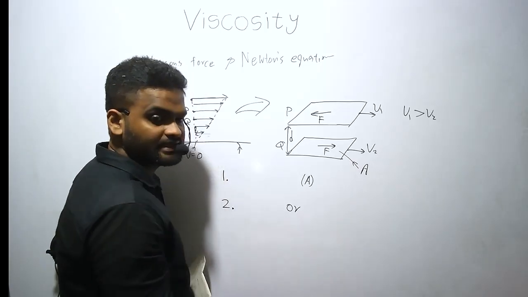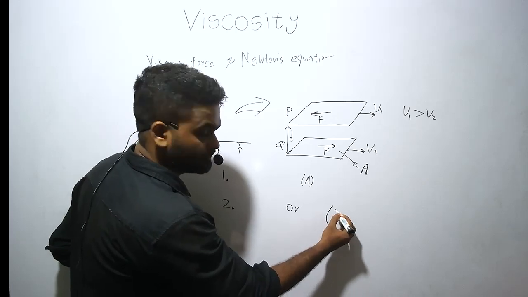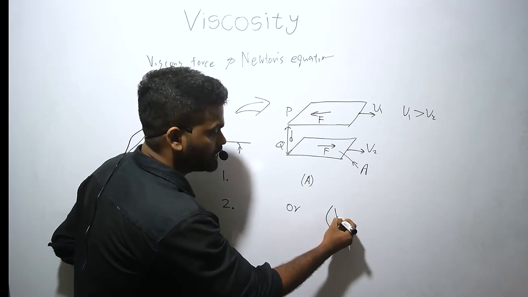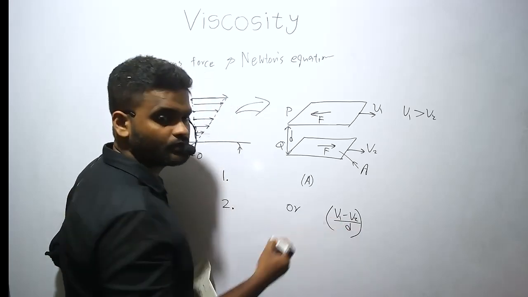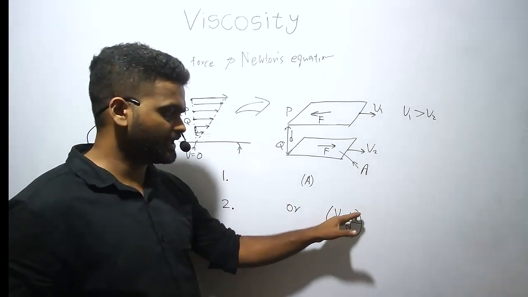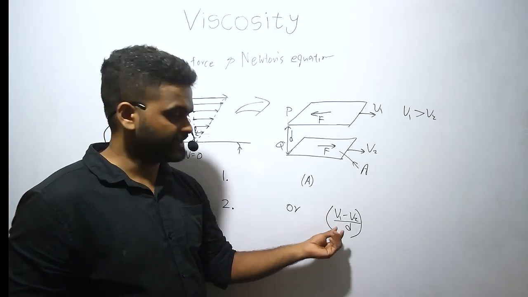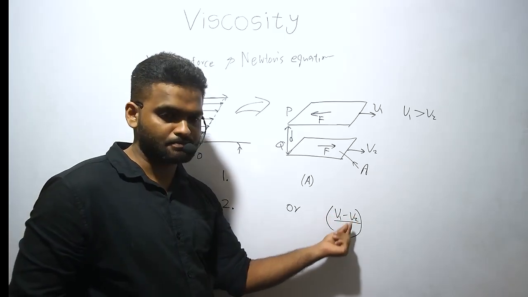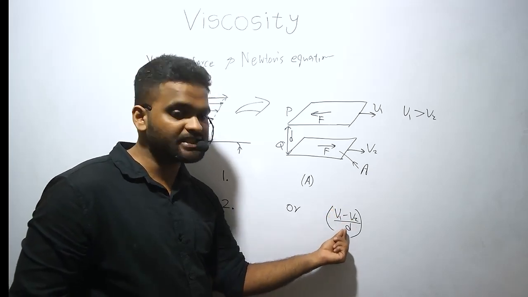So what is velocity gradient? Within brackets write this one, v1 minus v2 divided by d. This is what we call velocity gradient. That is velocity difference per unit length. When you divide it by length, velocity difference per unit length.